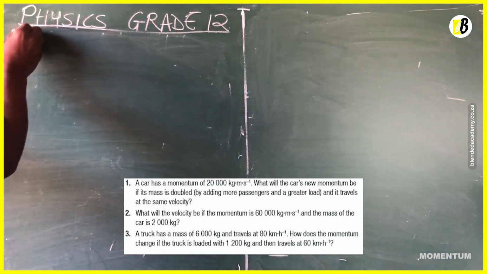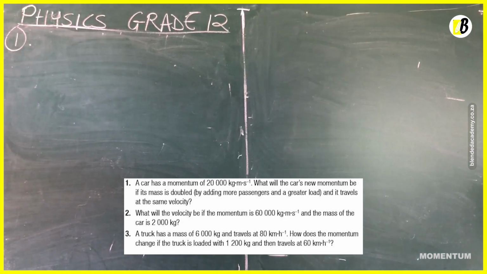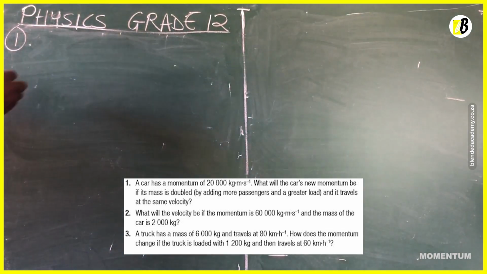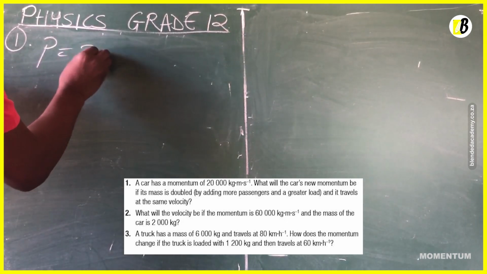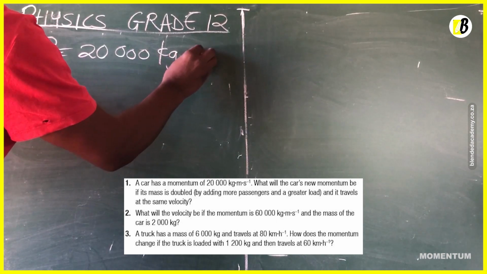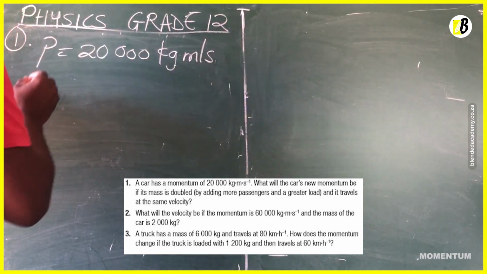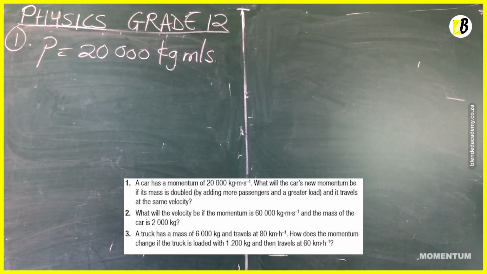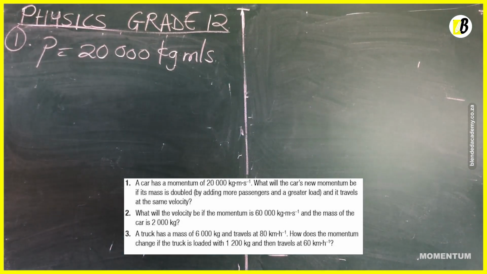Well, the first problem that you're going to be dealing with, we have a car with a momentum of 20,000 kilograms meters per second. And in this example, we're asked, what is the car's new momentum if its mass is doubled?